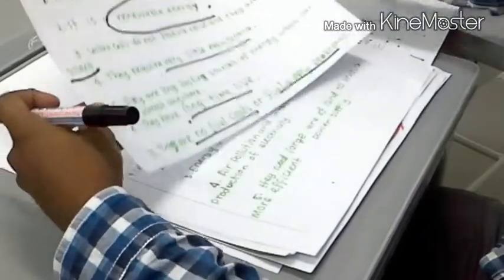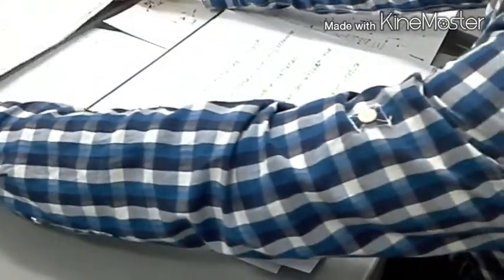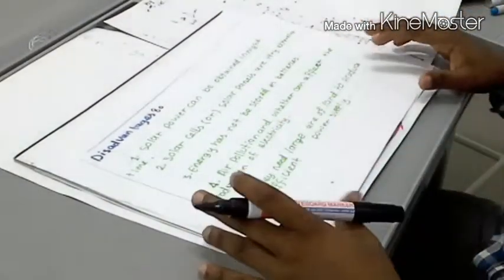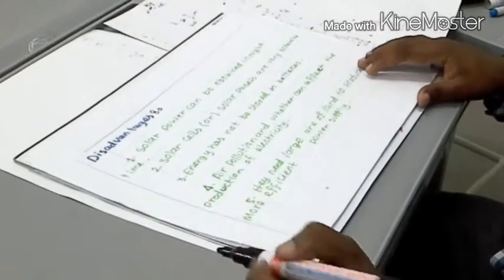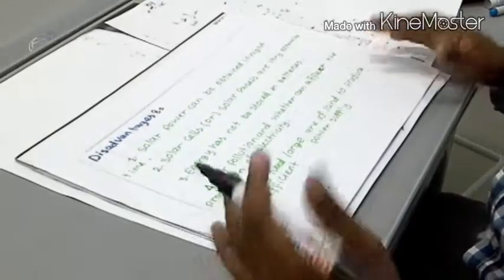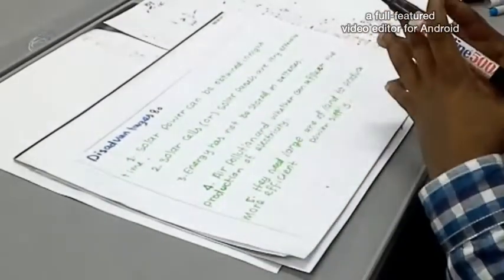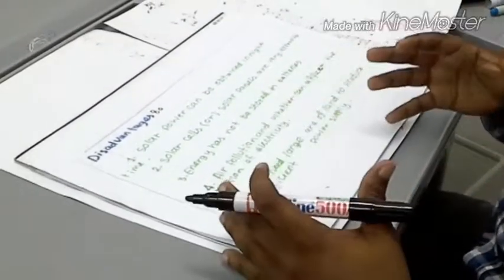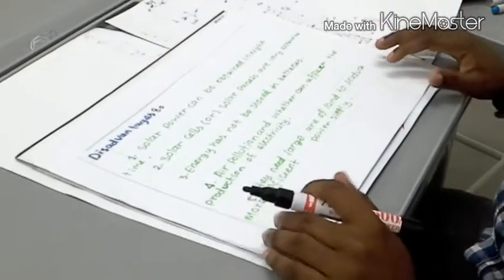Let's see the disadvantages. Even though the disadvantages are very limited, there are still some. First of all, solar power cannot be obtained at night time, so you have to have a system that can keep the power so you can use it later on.